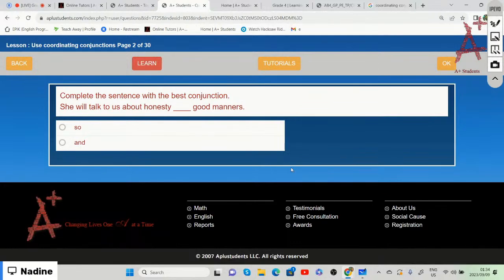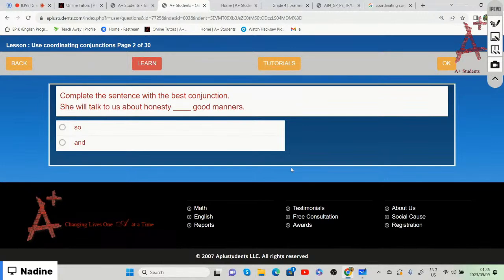She will talk to us about honesty, so good manners, or and good manners. So we need to complete the sentence. Which option do you think is the best conjunction? Is it so or is it and?